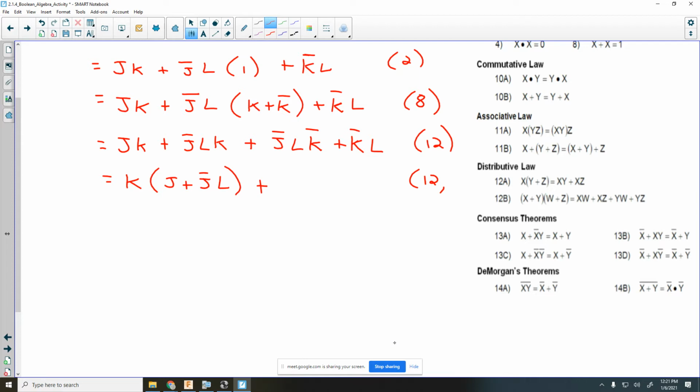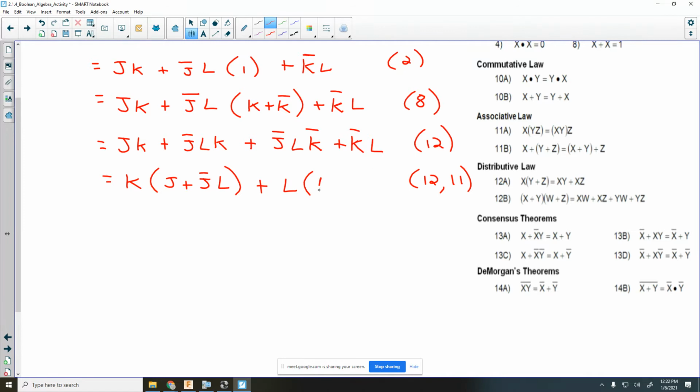And then I want to reorder things and also factor out on that second group. Let's see, what can I factor out of the second group? If I flip the order and factor out an L, and I'm not sure, and I've done this problem before many times. The other thing that sometimes happens is you can go down the rabbit hole and you have to go backwards to go forward. So I'm not sure if doing this step now is going to send me down the rabbit hole or not.